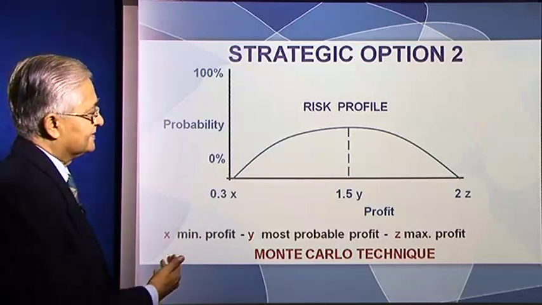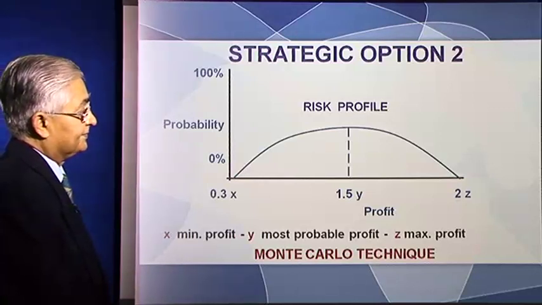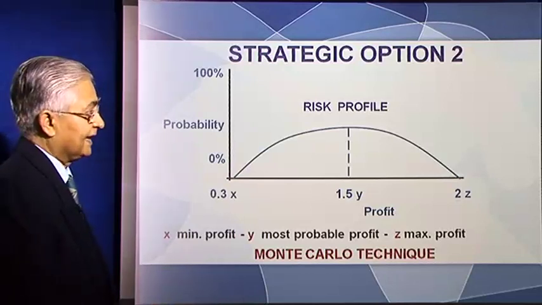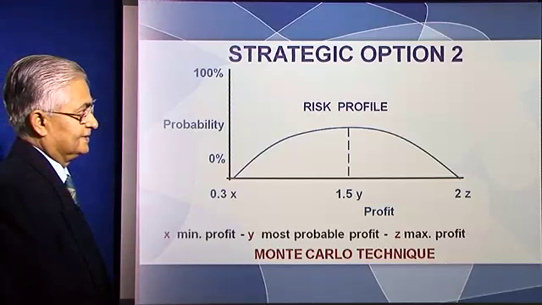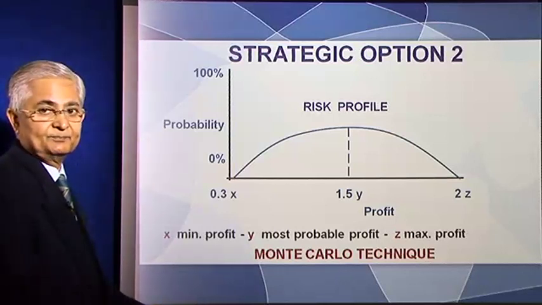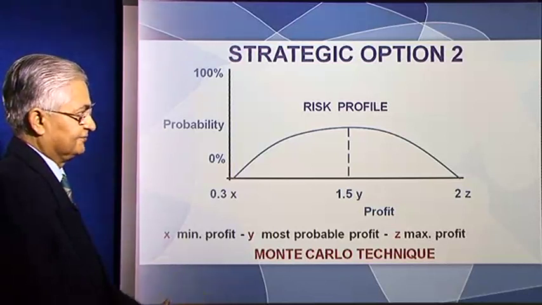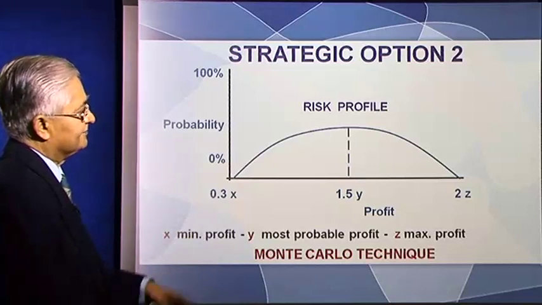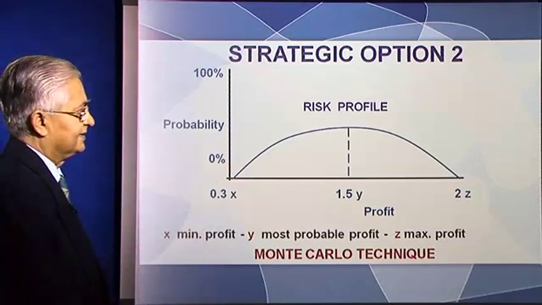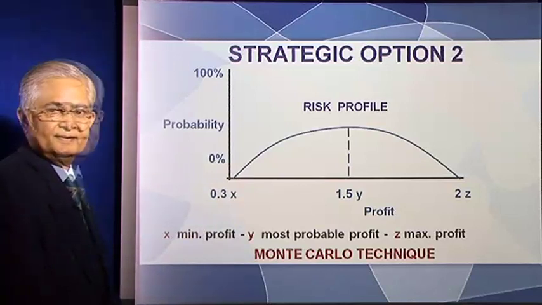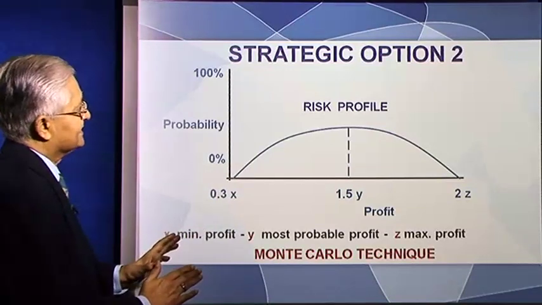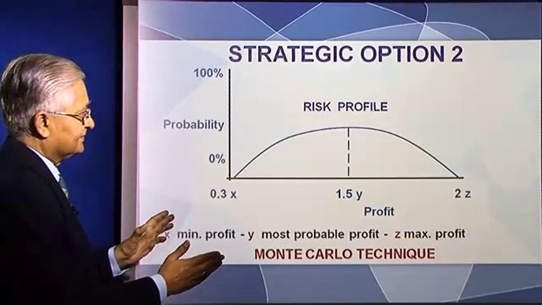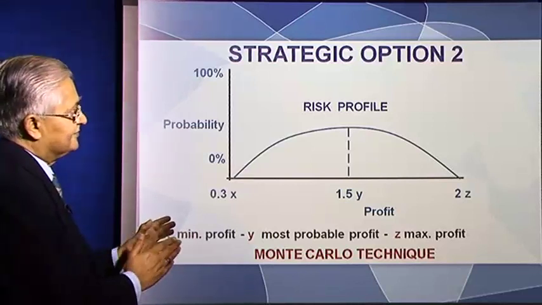However, in this option there is a probability that the profit can be 2z. 2z is the maximum that the profit can achieve. And the most probable value of the profit is 1.5y. This is the second strategic option, right? Now you will see that these figures are all different from the first strategic option.